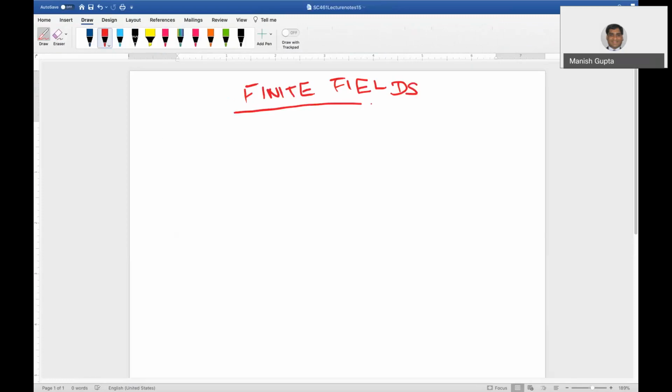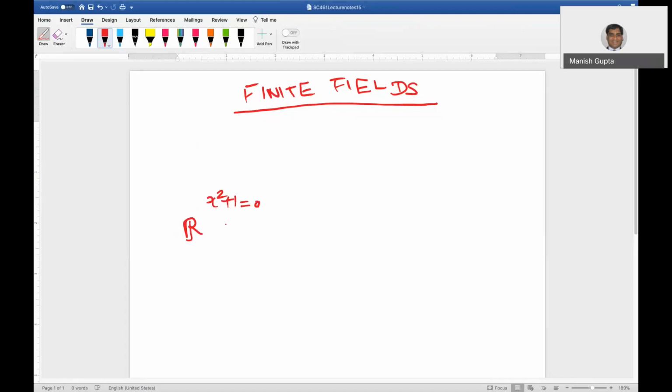Finite fields. We'll go into more detail about some basic properties. Now let us recall how we constructed the field of complex numbers from the field of real numbers, right? On real numbers, we saw that equations like x square plus 1 is equal to 0 have no root. We attach the root.